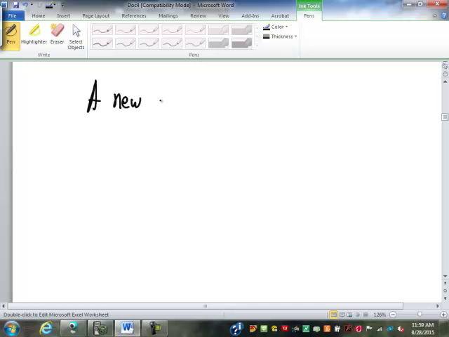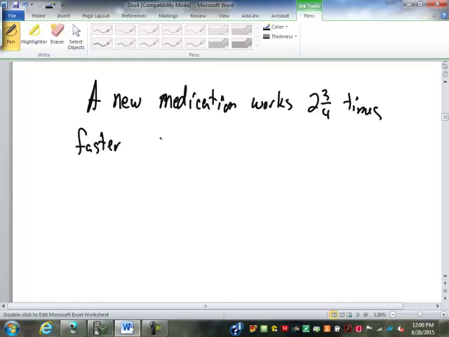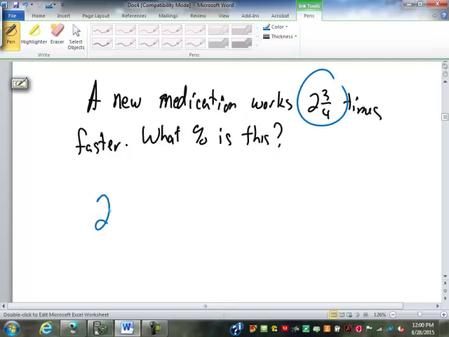Let's say a new medication works 2 3/4 times faster than the old one. What percent is this? Well, all this is asking you to do is change 2 3/4 into a percent.